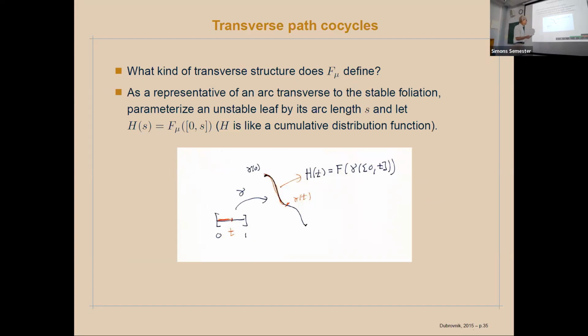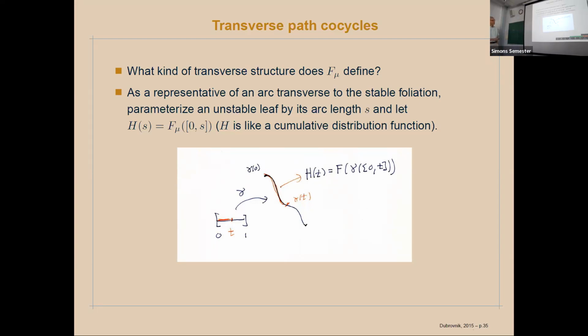Okay, so now the question is, what kind of transverse structure is this actually to the foliation? So let's pick one of these. Let's parameterize it, pick some parameterization. Remember, it's independent of parameterization. We pick some parameterization and we build the cumulative distribution function by integrating gamma of t, and that gives h of t.